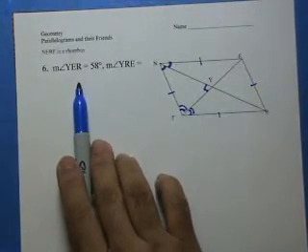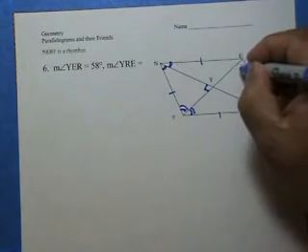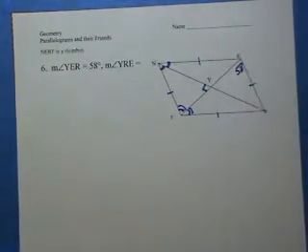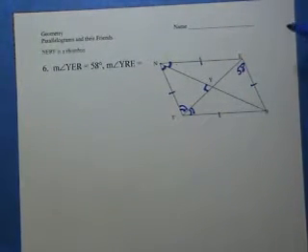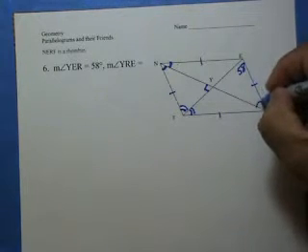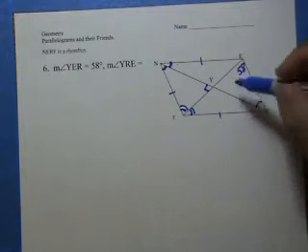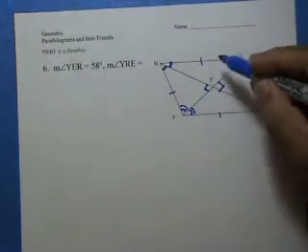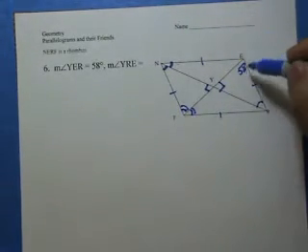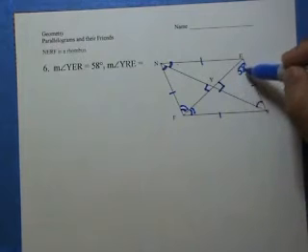You're given that angle YER is 58. So that's this angle. And you're asked for angle YRE. That's this angle here. Now, remember, the diagonals of a rhombus are perpendicular, so this is a 90-degree angle. So we have 2 angles of a right triangle.